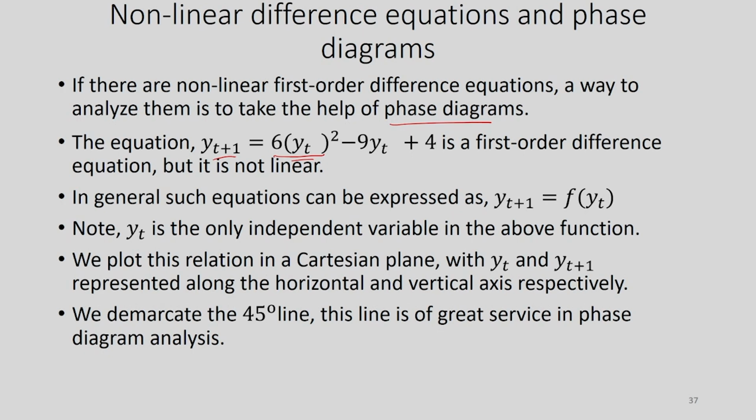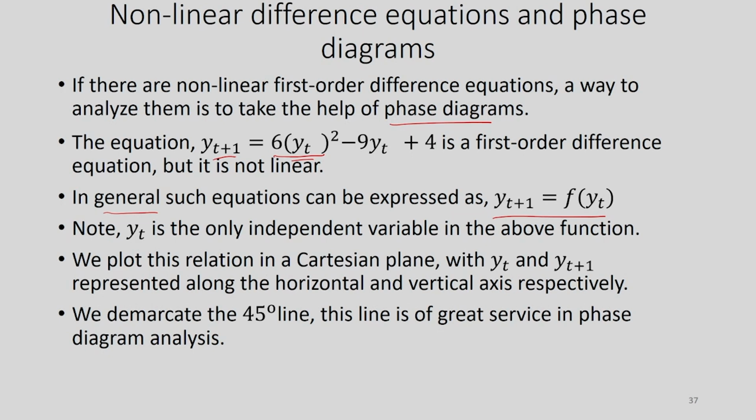Now, the first thing to note is that in general such equations can be expressed in this form: y(t+1) is f of y(t), that is, a function of y(t). Note, y(t) is the only independent variable in the above function.